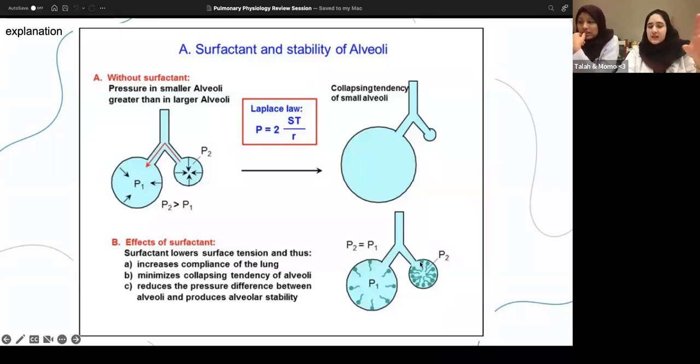As she mentioned, since the radius is smaller, the pressure is going to be higher, because the pressure and the radius are inversely proportional, it's over R. If we decrease the R, we increase the pressure. That's why the pressure in 1 will be higher than the pressure in 2, and because the pressure is higher in 1, air will go from 1 to 2.